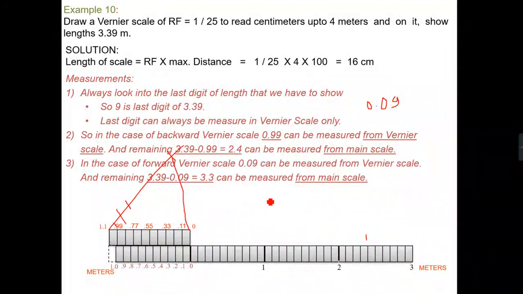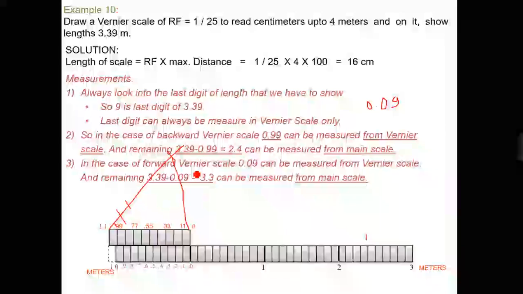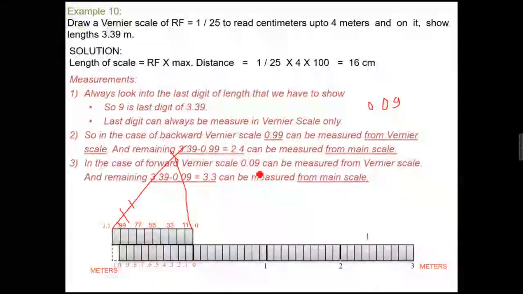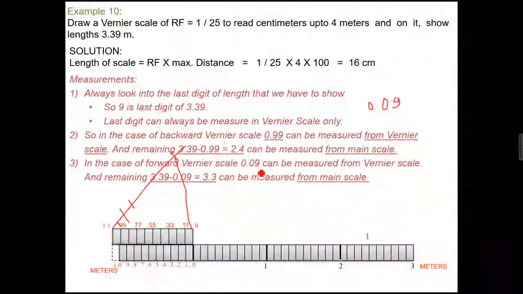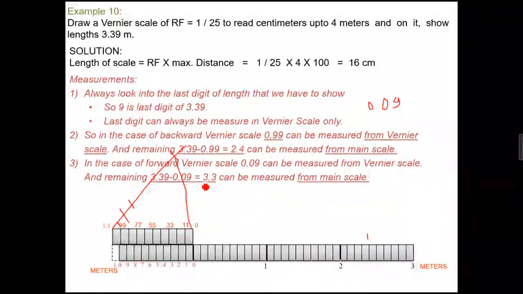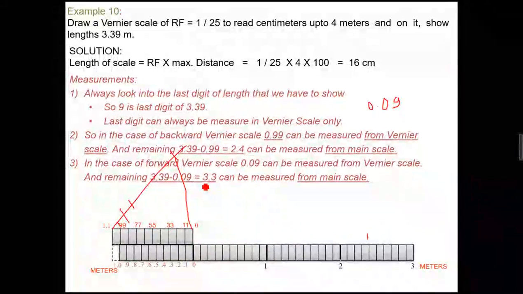And suppose we are using the forward vernier. In the forward vernier you can measure 0.09 from the vernier scale, and the remaining distance, 3.3, you have to measure from the main scale.